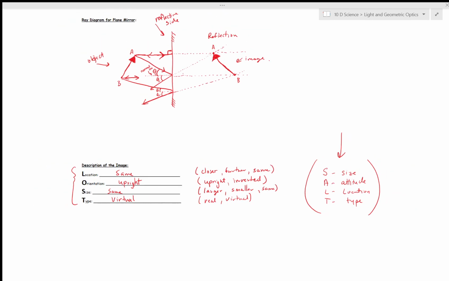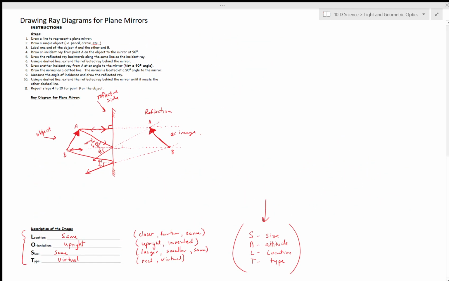So that's how you would do your ray diagrams for plane mirrors. You pick 2 points, and you have 4 lines, 2 that run perpendicular to the reflective surface, and then 2 that run at any angle. Draw out your rays, take your reflected rays, extend them behind the mirror, and then of course you'll connect them on the other side. Now, when we look at an object in a mirror, there aren't 1 or 2 rays. There are an infinite number of rays going off in every possible direction.